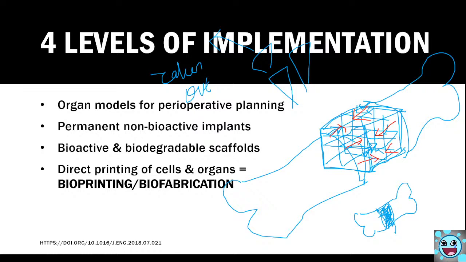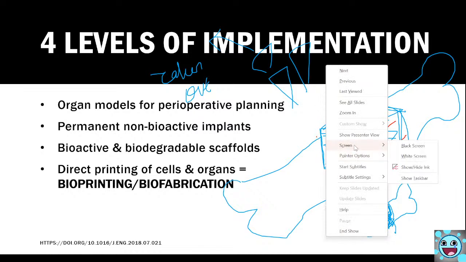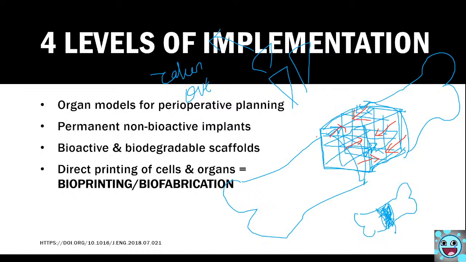This is a scaffold, or a scaffold is like a tissue skeleton. You can analogize it, and then we have the most complicated 3D printing in medicine. It is called bioprinting or biofabrication, where we print cells or organs directly.